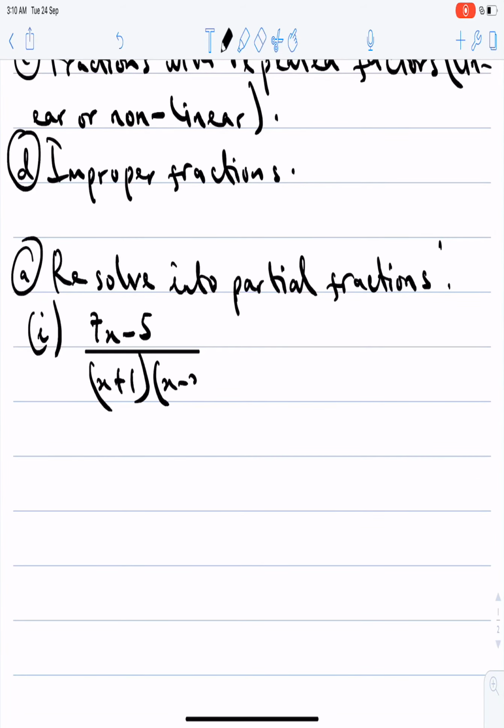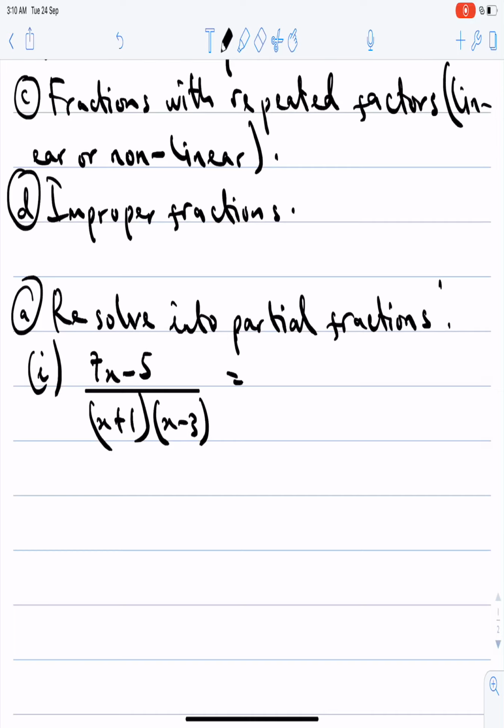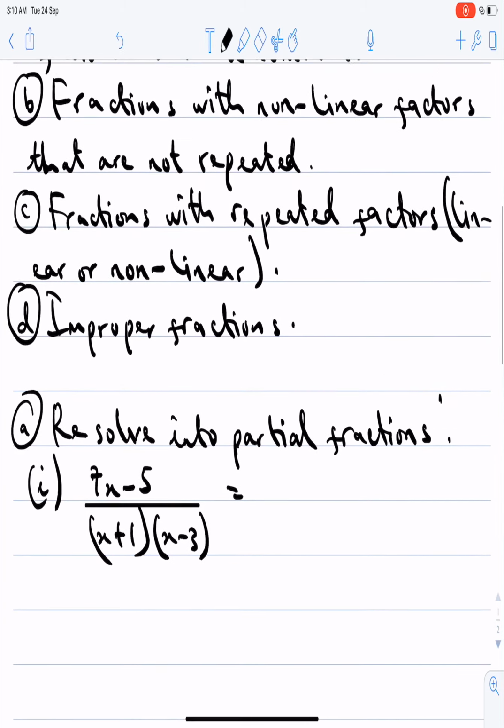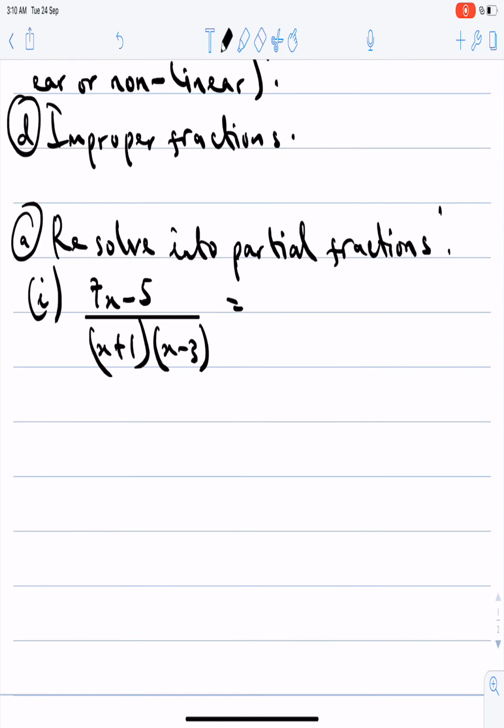And that's equal to, the factor x plus 1 is a linear factor, which is a polynomial of degree 1. That means the numerator we're going to assign to its partial fraction is going to be a polynomial of degree 0, so to speak. And a polynomial of degree 0 is a constant. So I'm using a to represent a constant over x plus 1. The second factor, x minus 3, is also a linear factor.